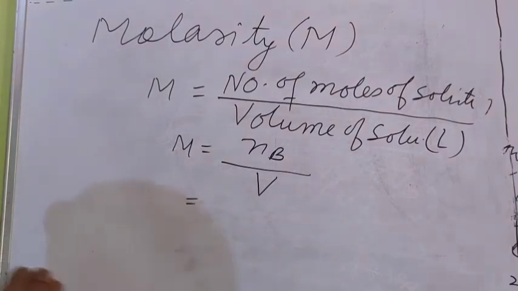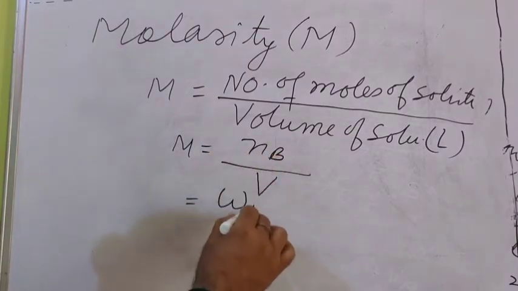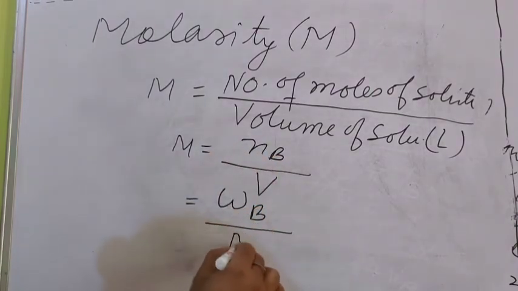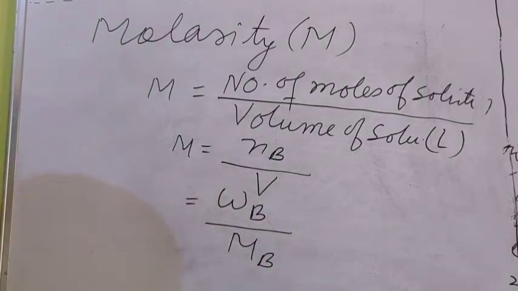Or you also know from the lower classes, number of moles of solute is equal to WB upon MB. WB is the mass of solute and MB is the molecular mass of solute.